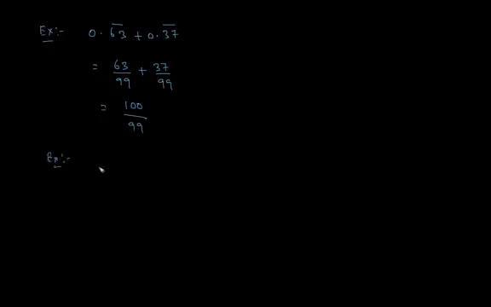Write 3.24 bar in the form P by Q, right? Right, see. By avoiding the earlier steps, we can do it very simply. Instead of writing 3 plus 0.24 bar, directly you can write 324 minus 3 by 99, right?